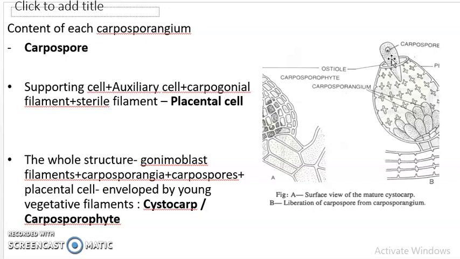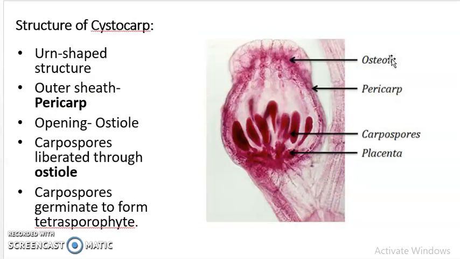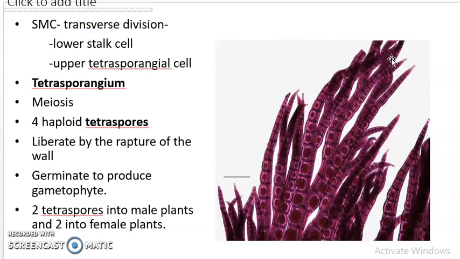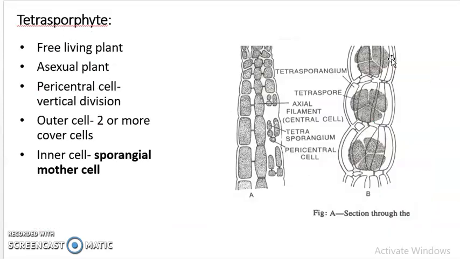When mature, the carpospores are liberated through the ostiole and they germinate to form the third, diploid phase in a free living plant, the tetrasporophyte. When you look, the tetrasporophyte and the haploid gametophyte look similar.